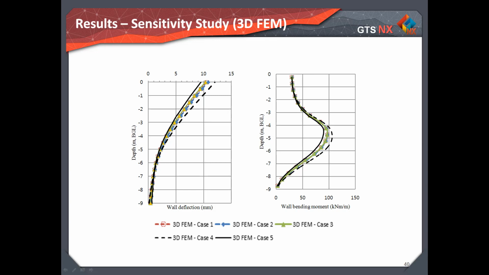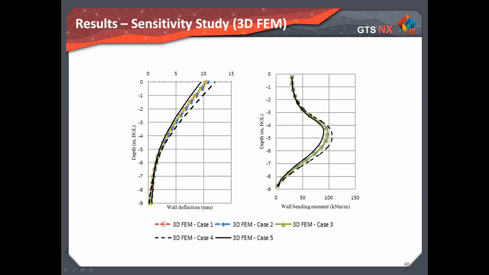This case shows the 3D FEM result for 5 cases. Maximum bending moments were in the range of 150 to 60 for limit equilibrium. In case of 2D FEM, 88 to 108, and in case of 3D FEM, 89 to 106 kilonewton per meter.